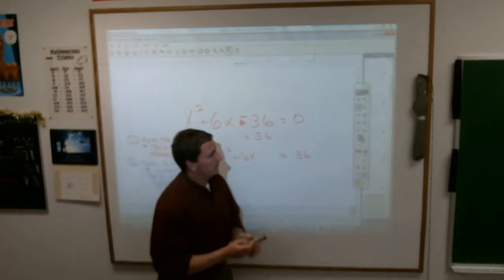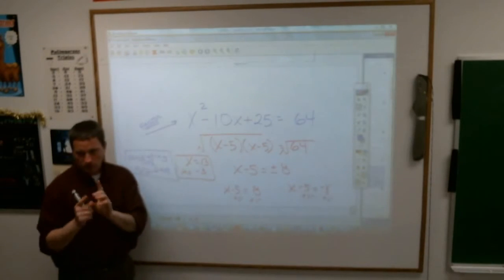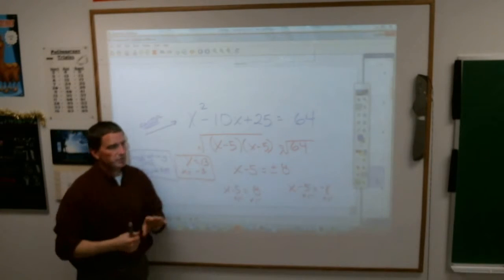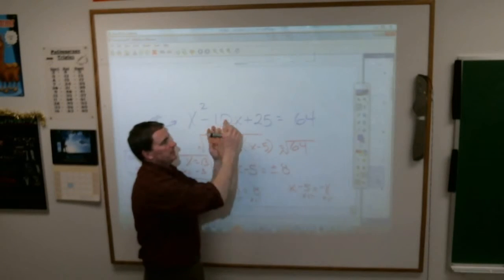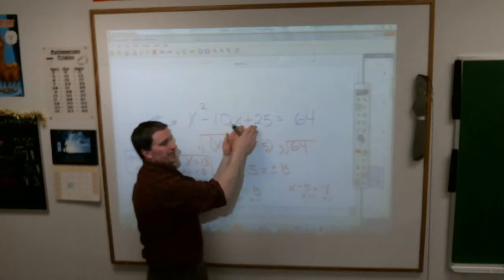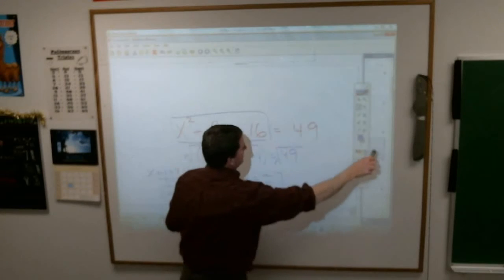Okay, look. Once again, let me get the instructions again. This is what you need to think. This worked out nicely as perfect squares because 25 is half of this squared. That's what makes a perfect square trinomial. Same thing over here.